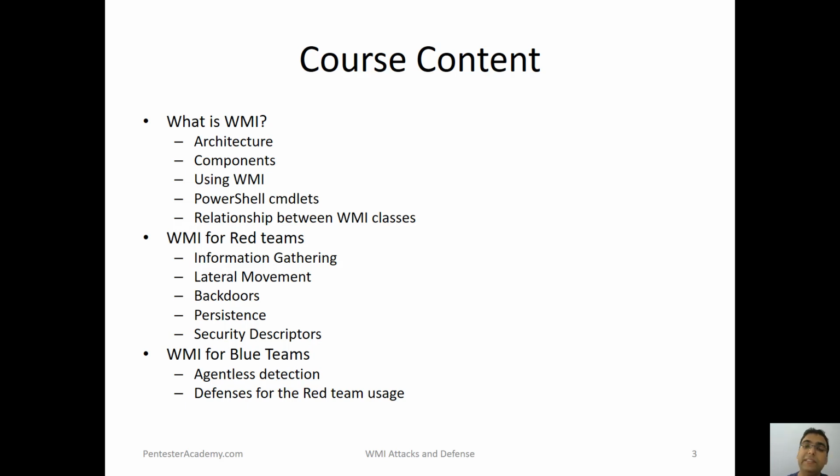But in some cases, let's say if we would like to extract secrets from a box, in place of trying to write everything in WMI, we will use WMI as a communications channel or a lateral movement mechanism to execute, let's say, PowerShell scripts or VB scripts on the target box. So that is how we are going to use WMI in this course.